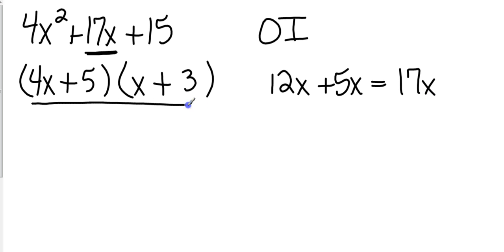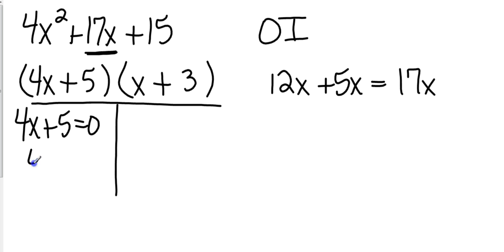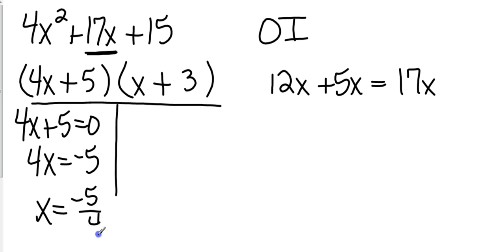And so if I were to solve these, take both of these factors, set them equal to 0. Let's go ahead and work this one. This is 4x equals negative 5, so x equals negative 5/4. And then with the next one, set that equal to 0.